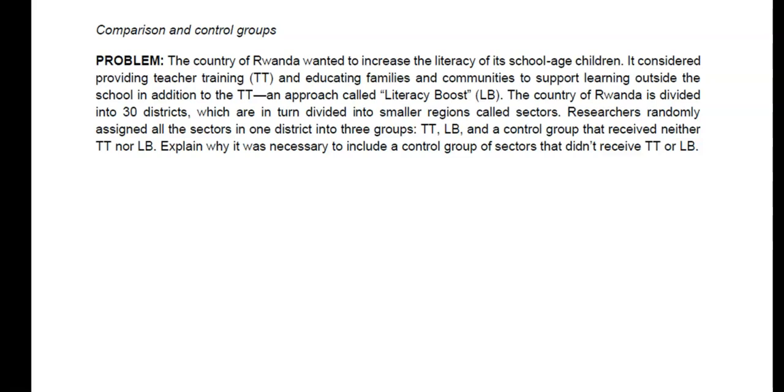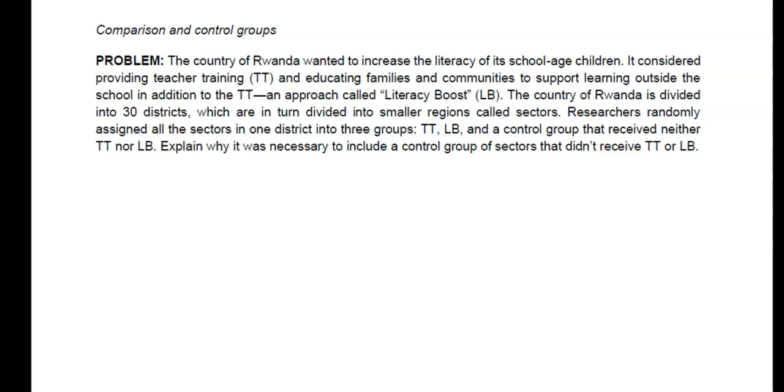Rwanda wanted to increase the literacy of its school-age children. It considered providing teacher training and educating families and communities to support learning outside of the school, in addition to the teacher training, an approach called Literacy Boost. The country of Rwanda is divided into 30 districts, which are in turn divided into smaller regions called sectors.